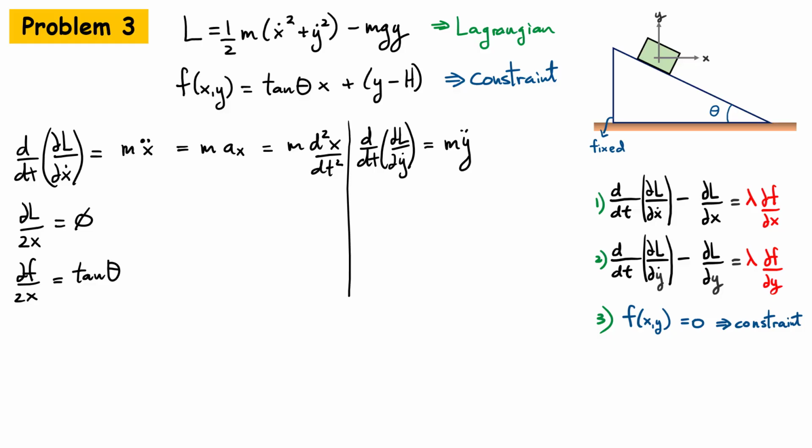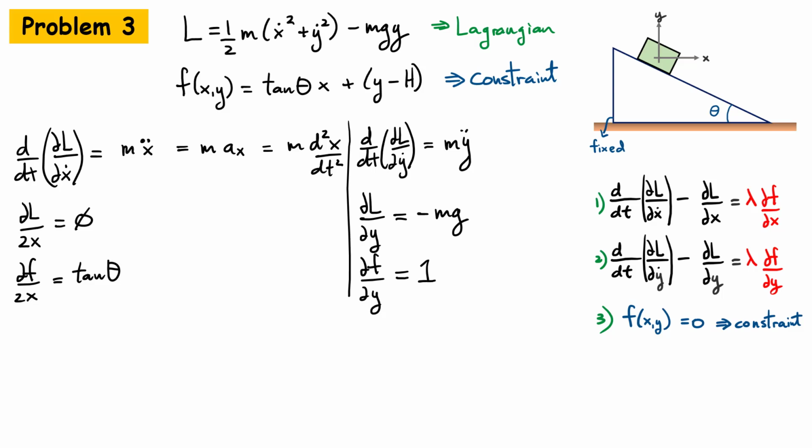Now we take the derivative of the Lagrangian with respect to the y coordinate. The y coordinate appears in the potential energy term, so you differentiate that with respect to y and you get minus mg. That's just a constant value. Then we take the derivative of the constraint relative to that coordinate. It only appears in this second term, and the value here is simply 1.